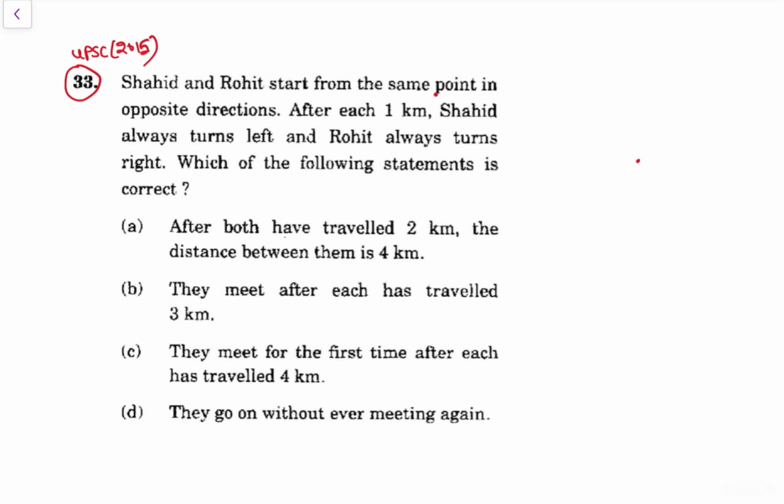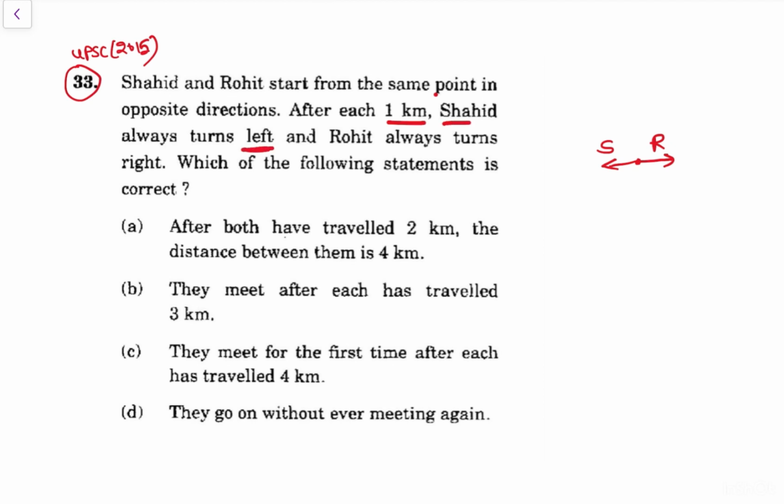Shahid and Rohit are starting from a same point in opposite directions. Imagine like this is Shahid, opposite direction of this is what? Rohit, S and R. After each 1 kilometer, Shahid turns left.